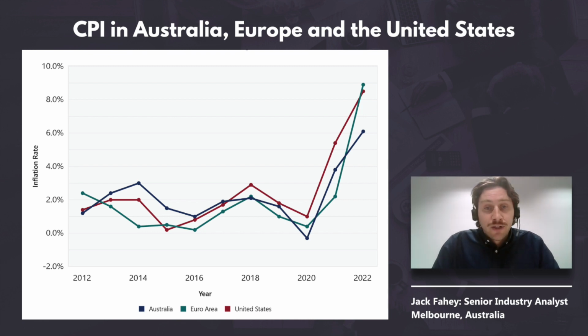But that's the situation at the moment. Things are moving quickly and they could change. But looking at this situation, Australia is in somewhat of an enviable position compared with the United States and Europe. We don't have a soaring energy crisis, and inflation is more contained.